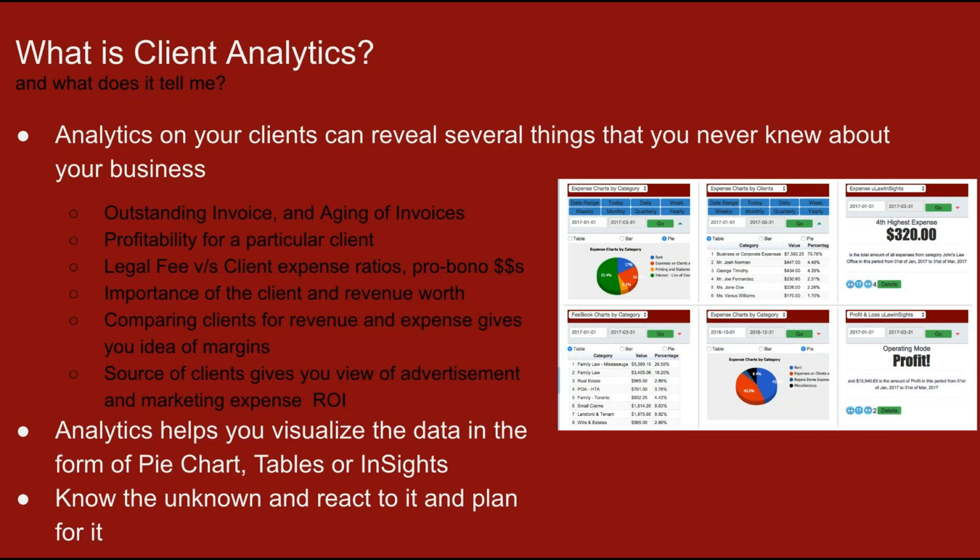But trust me, taking those 10 seconds to choose the right option will later give you a report saying, this is the fee book chart for the different categories or areas of practice that you worked this year.